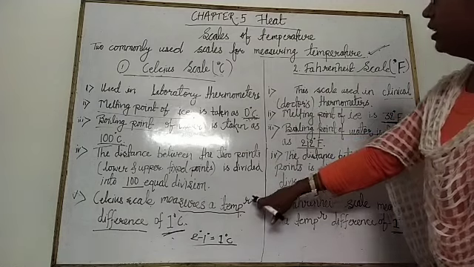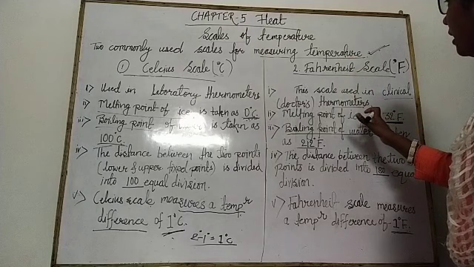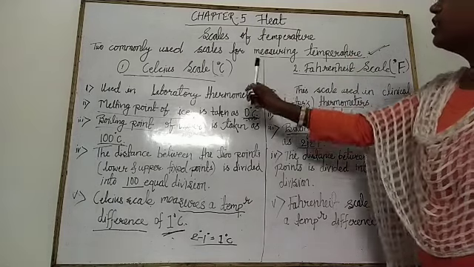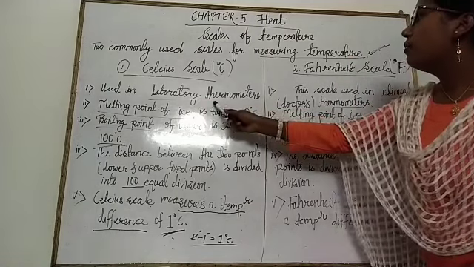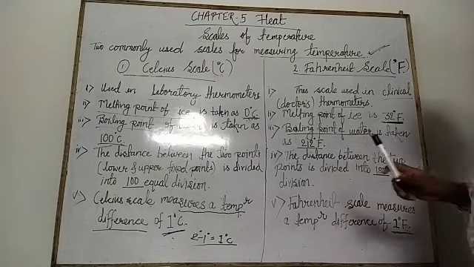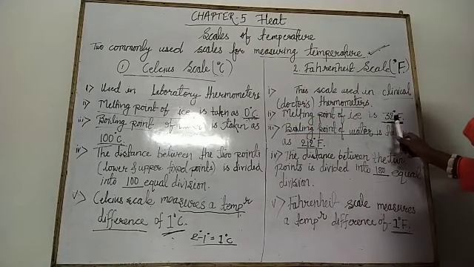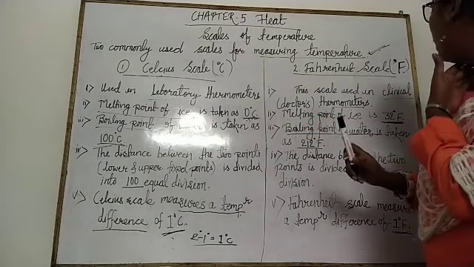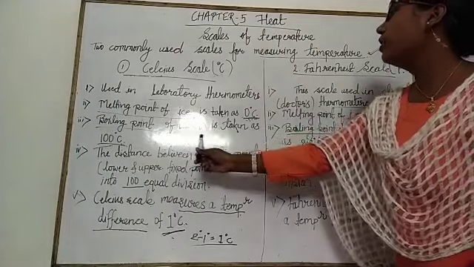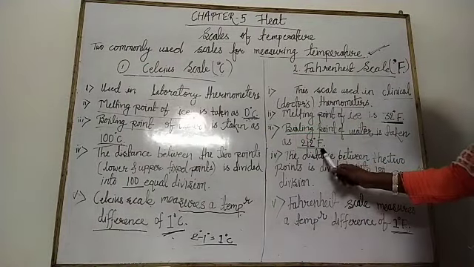And these four are the differences between the Celsius scale and the Fahrenheit scale. The Celsius scale is used in the laboratory thermometer, Fahrenheit in the clinical thermometer. Melting point 0 degree Celsius, melting point 32 degree Fahrenheit. Boiling point is 100 degree Celsius, boiling point 212 degree Fahrenheit.